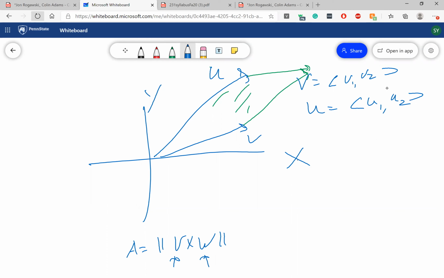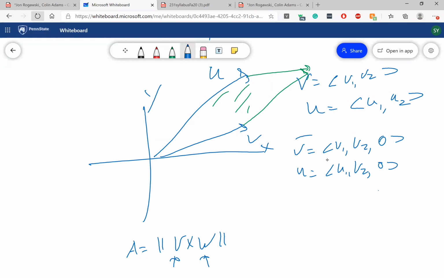Over here, you only have two. So the simple solution is to just add a component. Go to another dimension and imagine that my V is really V1, V2, and 0, and my U is really U1, U2, and 0.